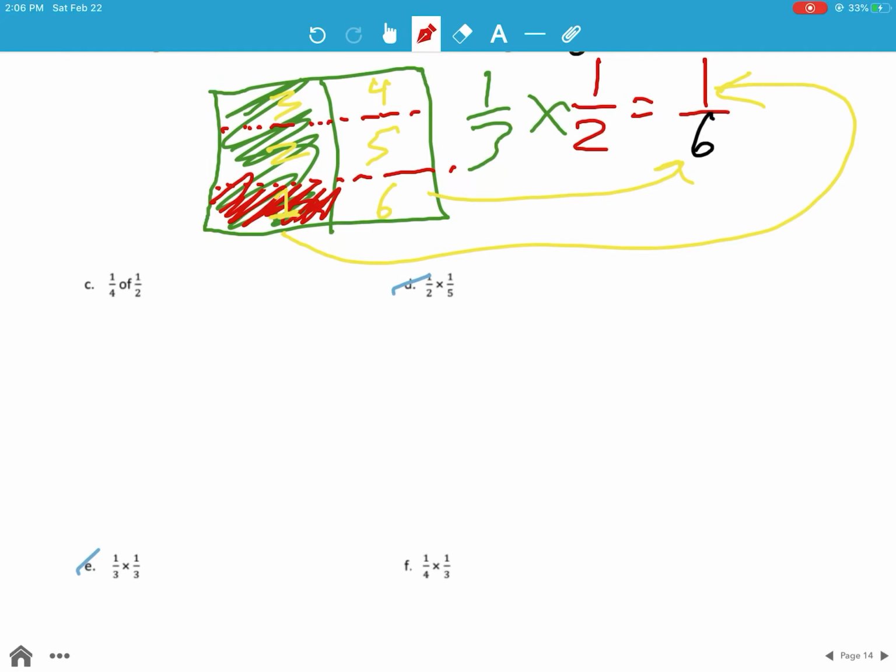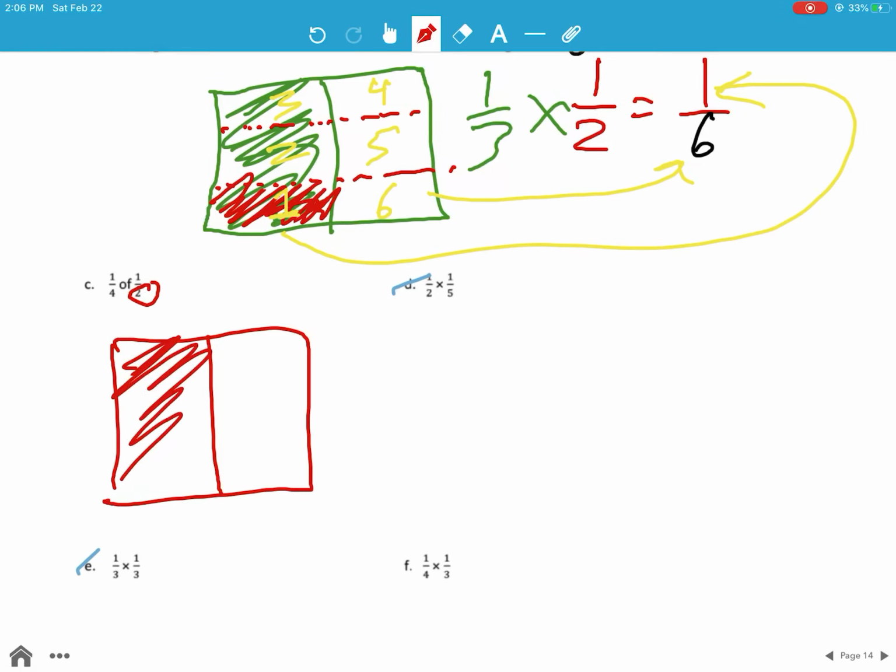Okay? Now this one again. We start off with half. So I'm going to draw a half and shade it in. And then it says 1/4.